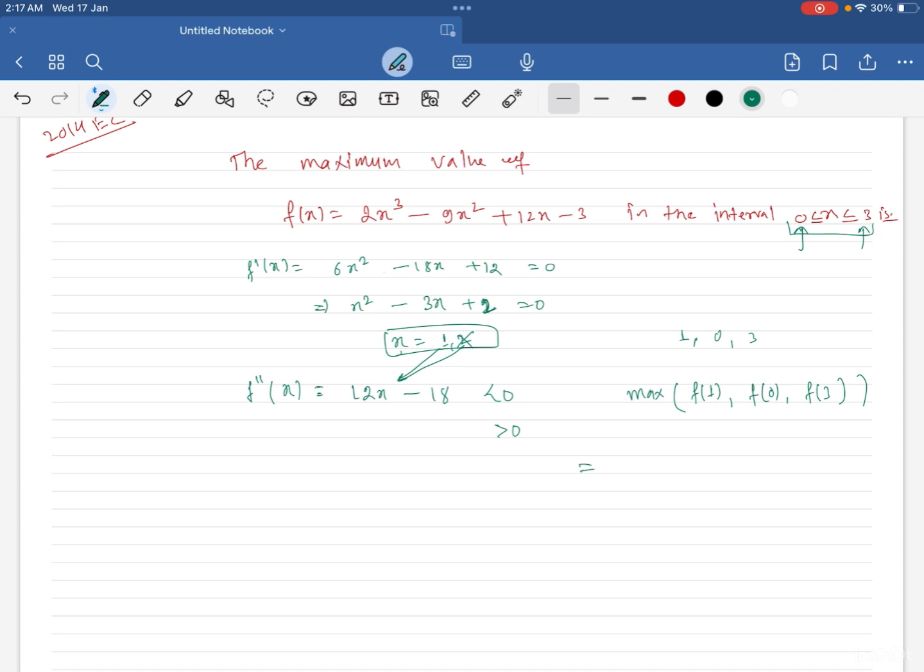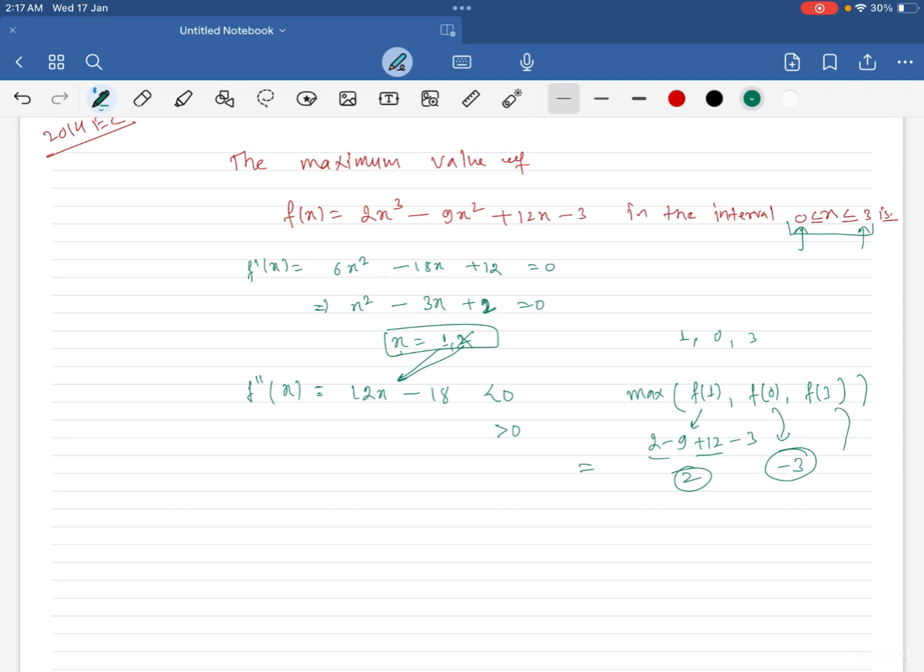So f of 1 will be 2 minus 9 plus 12 minus 3, that is 14 minus 12, that is 2. And f of 0 would be minus 3.